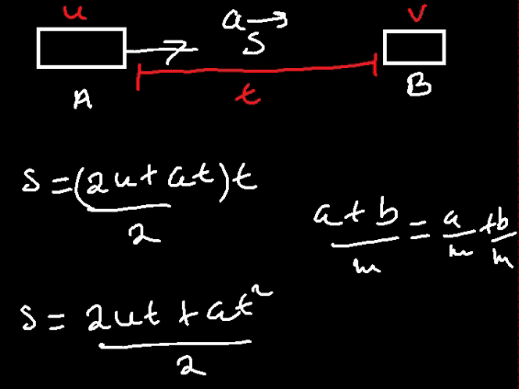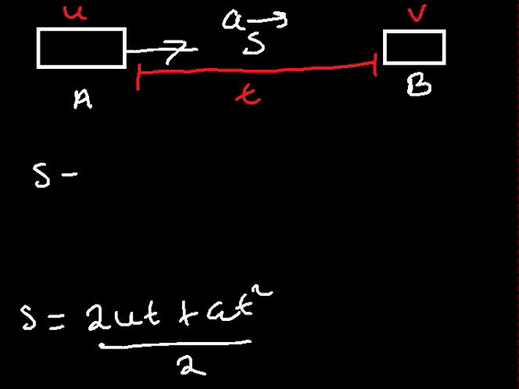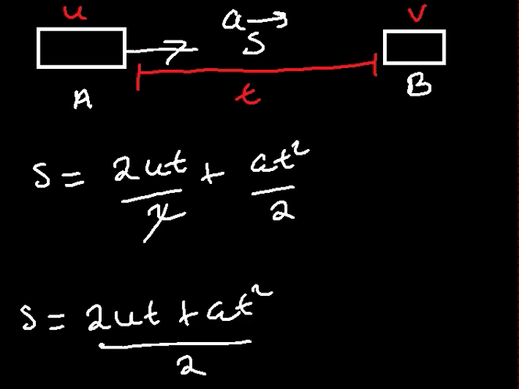If that is the case, then we can have the displacement equal to 2ut divided by 2 plus at squared divided by 2. Now at that point, we have the displacement is equal to ut plus half at squared.